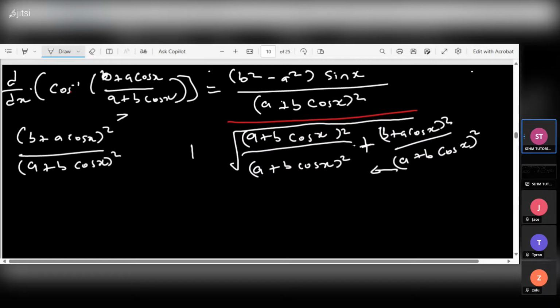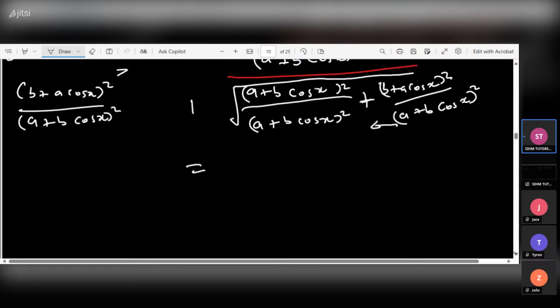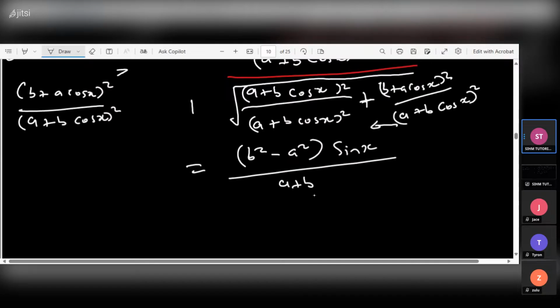Now we apply the laws of fractions. We will have b squared minus a squared, and then sine x on the other side, and then all divided by a plus b cos x, and then all squared.